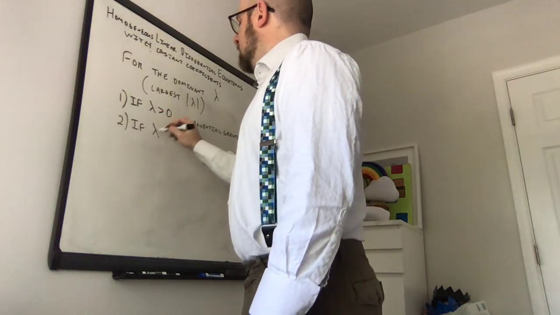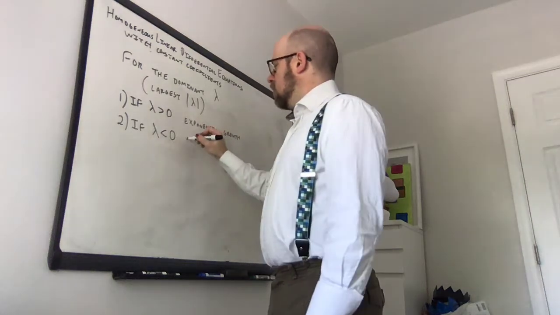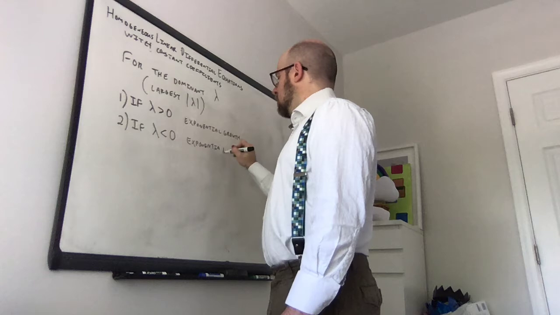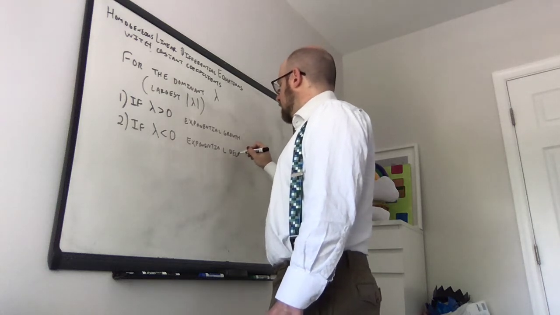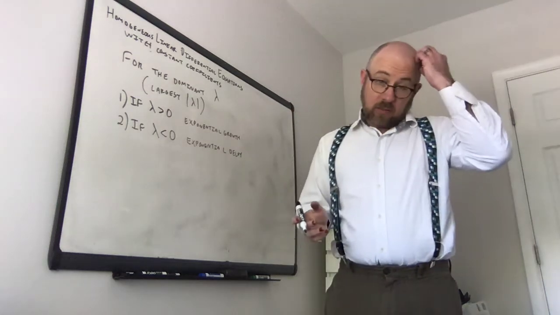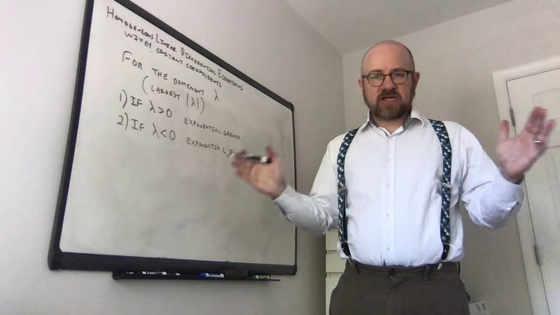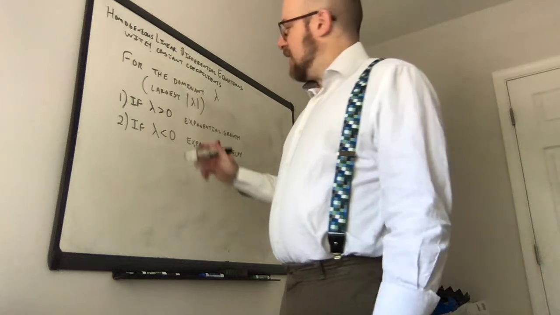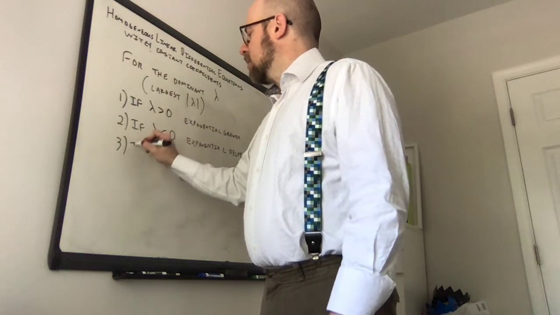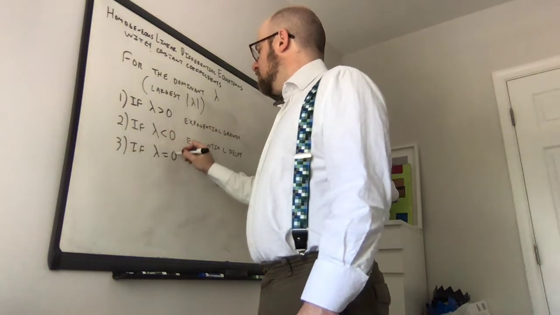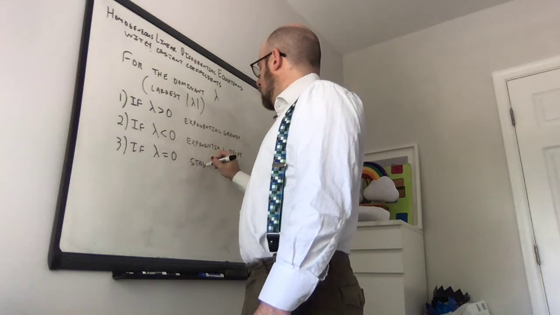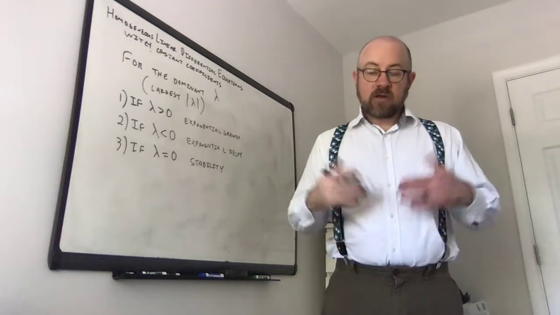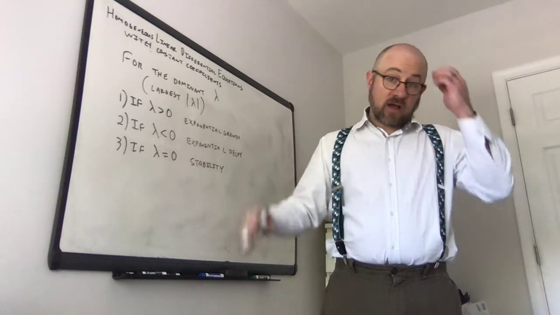If lambda is less than 0, we'll get exponential decay. Again, eventually, right? It might not start out that way, but eventually this is going to be the end behavior. If lambda is equal to 0, we'll get stability, an equilibrium, right? It'll eventually come to a constant.